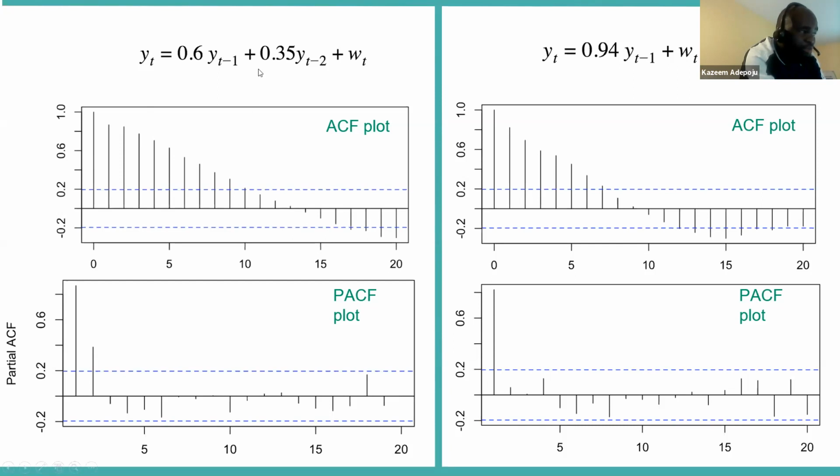This is the ACF plot of this model, and this is the PACF plot. Like I said, in the ACF plot the lag starts from 0, and in the PACF plot it starts from 1. So don't forget that. Based on what I've explained so far, I need you to take a look at that.